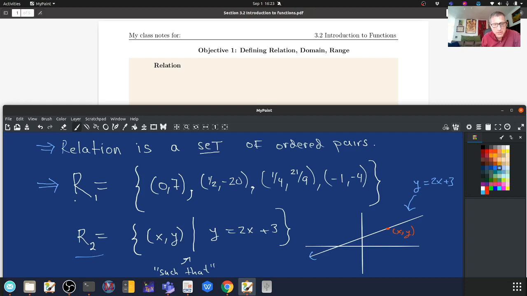And this is one example when the elements can actually be enumerated because there's only 4. And down here, I've given another example of a relation whose elements are so numerous they could never be enumerated. They're infinite. So there's an infinite number of ordered pairs in this relation. So we have to write it a different way.